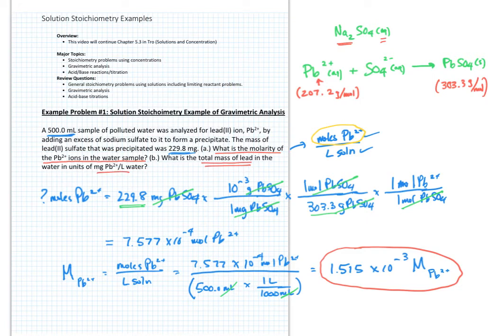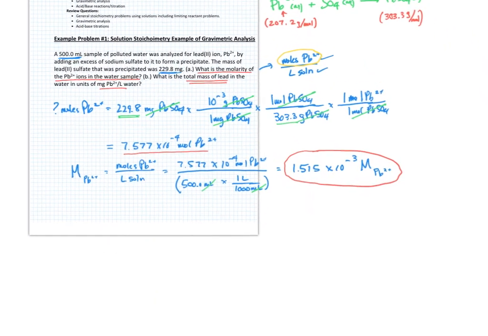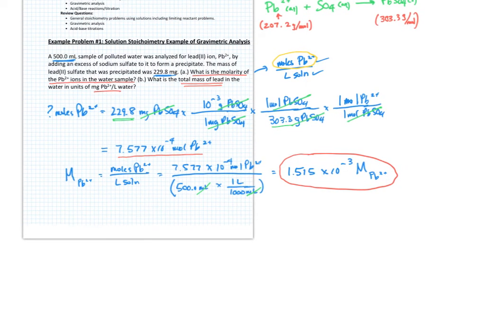So total mass of lead, I have the number of moles. So if I have the number of moles and I have the molar mass, I should be able to find the total mass. So let's take a look at that. So now I want mass in milligrams of Pb2+.